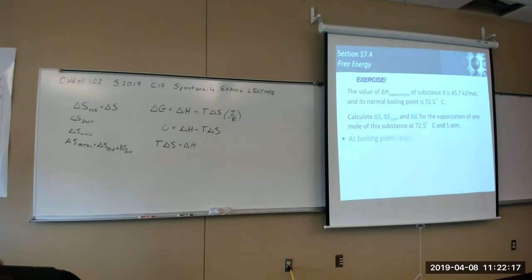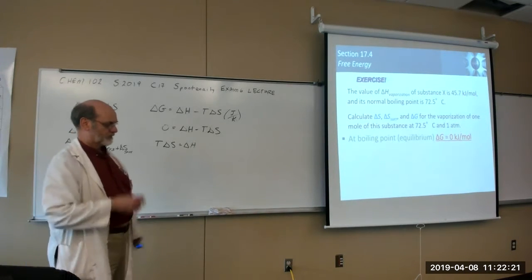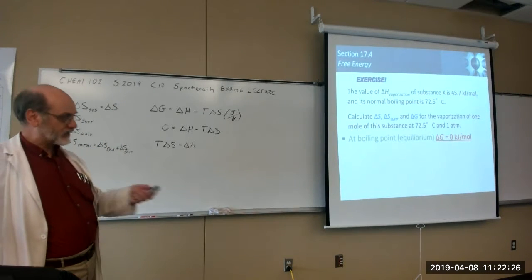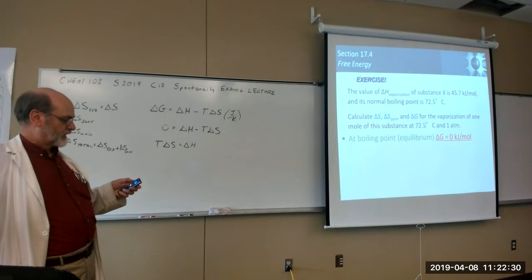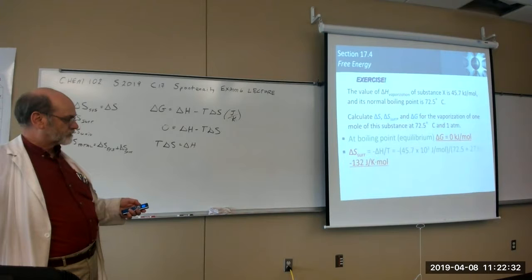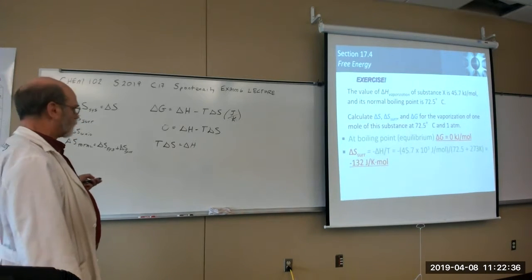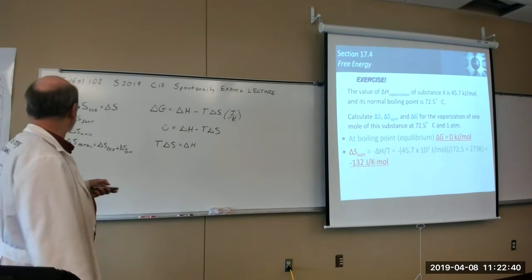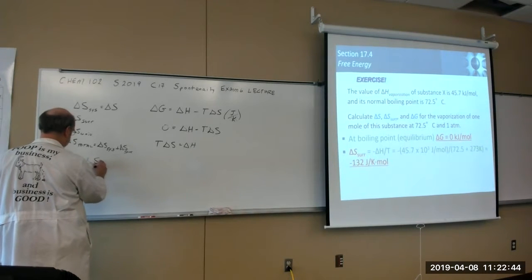All right. So at the boiling point, we've already accepted, haven't explained it very well, but we've accepted that delta G is 0. Right? So if delta G is 0, and the surroundings are minus delta H over T, we had that equation earlier, right?